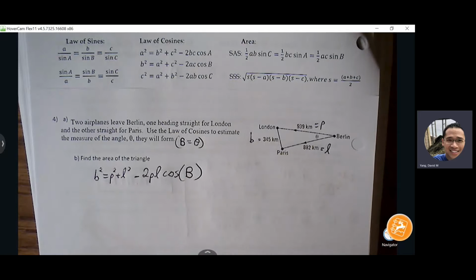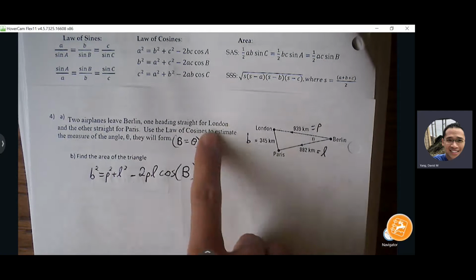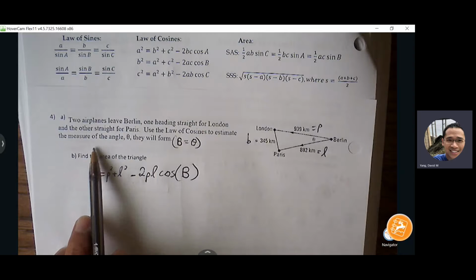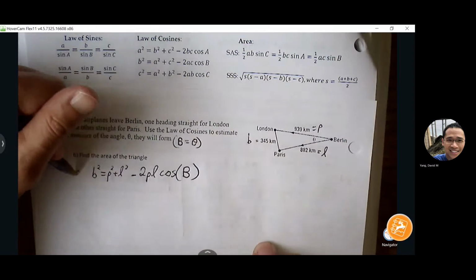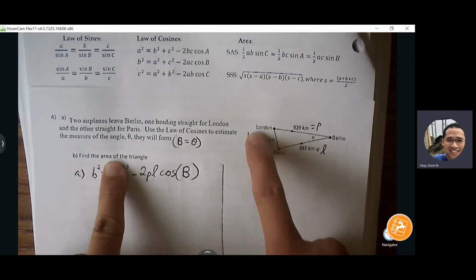But if you rename it as A, B, and C, that's fine as well. We'll get the same result. It's just a variation of law of cosines. And then once you get done with part A, then part B, you can find the area of the triangle. Area of a triangle, side, side, side.